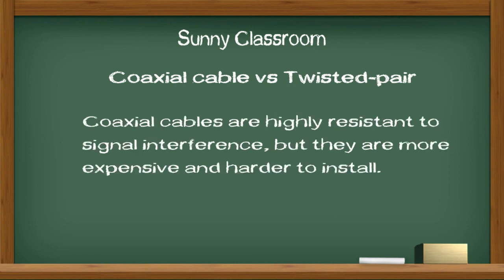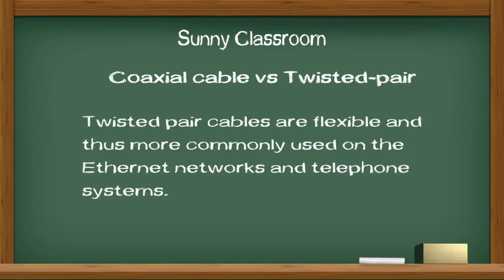Coaxial cables are highly resistant to signal interference, but they are more expensive and harder to install. Twist pair cables are flexible and thus more commonly used on the Ethernet networks and telephone systems.